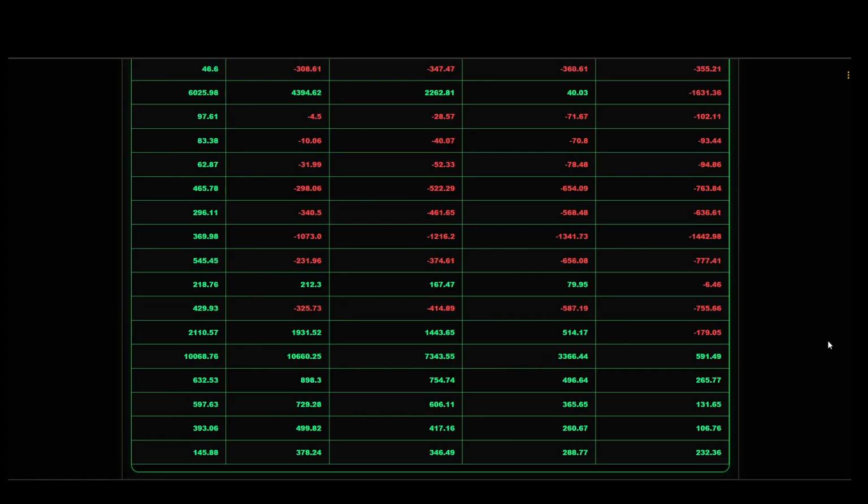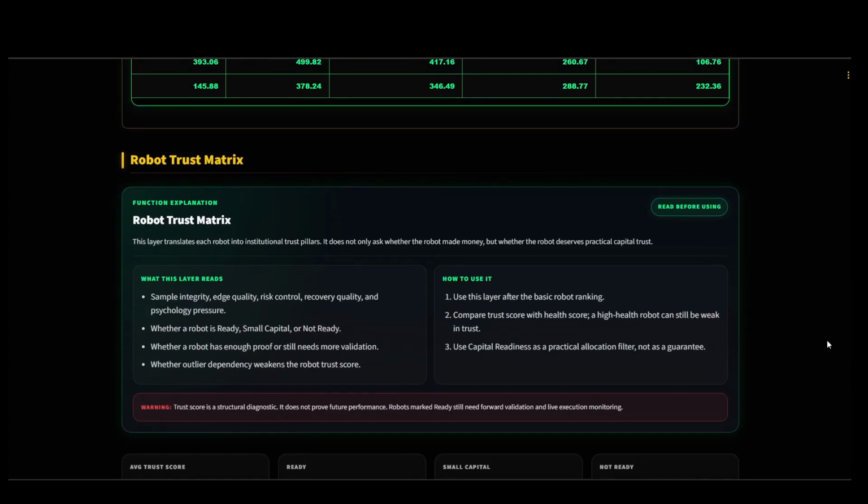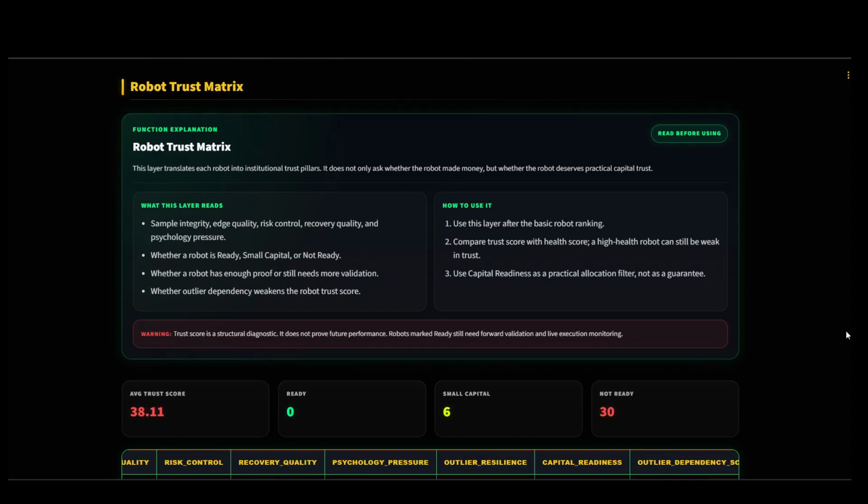Now we move into the robot trust matrix layer, and this is where the workflow starts translating the robots into actual institutional trust structure. Because up until now, the tool has been stress testing profitability, dependency, fragility, and structural pressure. But now the question becomes, does this robot actually deserve capital trust?